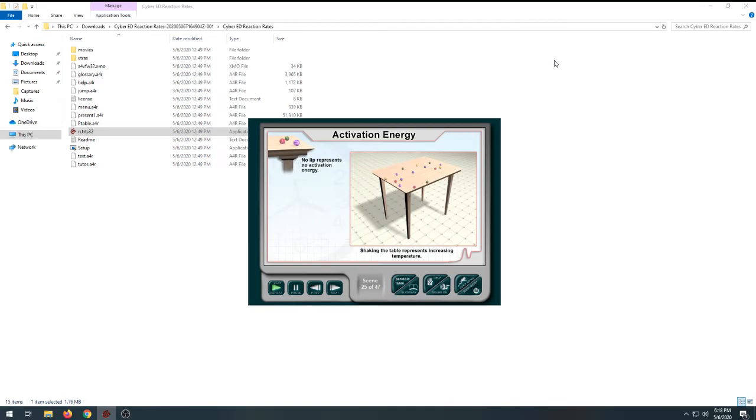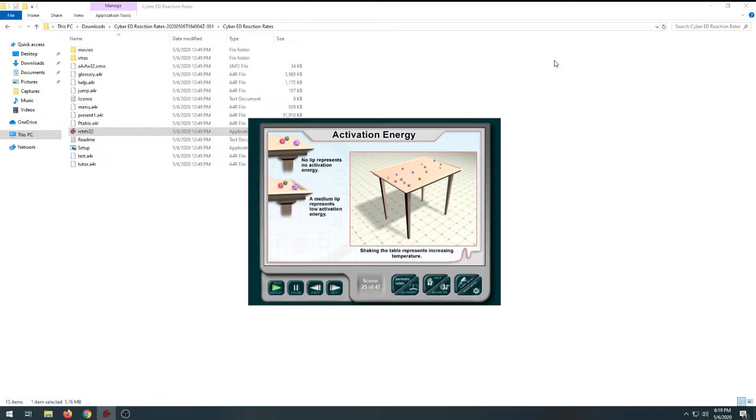At first, there is no lip around the table, a situation analogous to a reaction with no activation energy. Notice that with even a little bit of energy, marbles fall onto the floor. The marbles that fall off the table onto the floor represent molecules that have been converted to products.